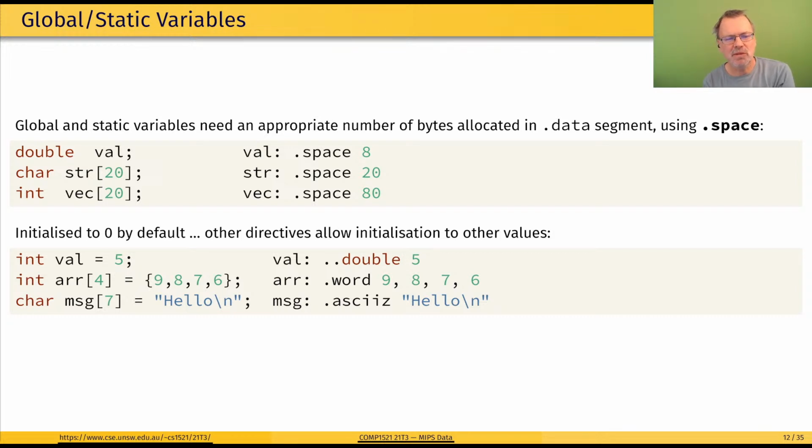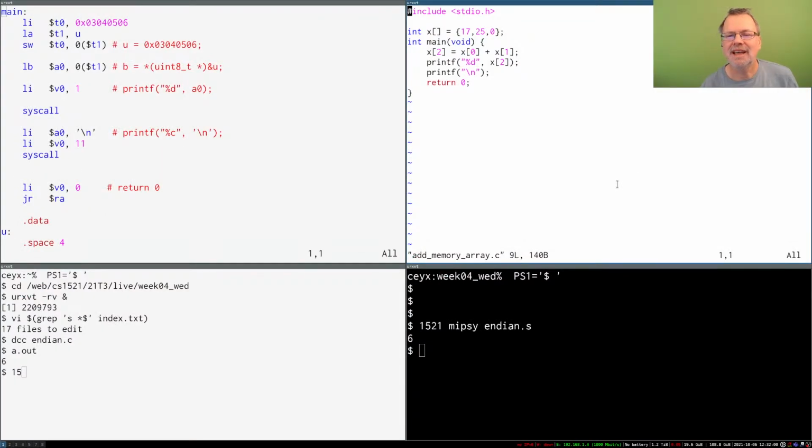What is a global variable? It sits outside a function. I think I've got an example here. Alright, so I've set a variable here outside the main function. If you did this in COMP1511, your tutor would start crying and say, where have I gone wrong that you're doing this?